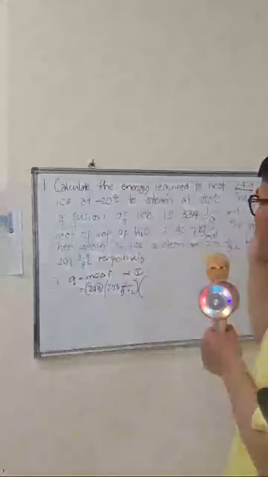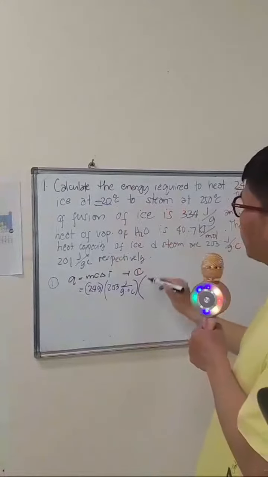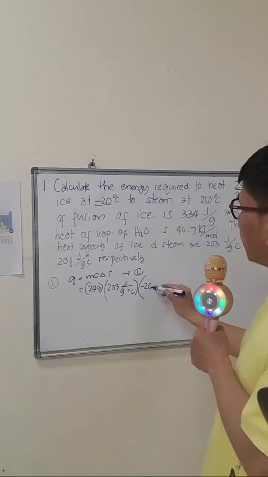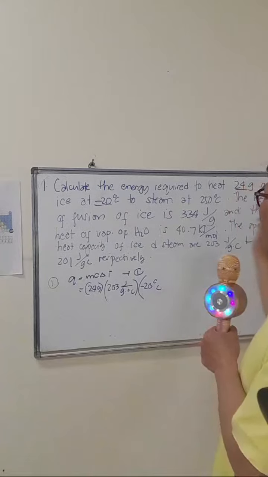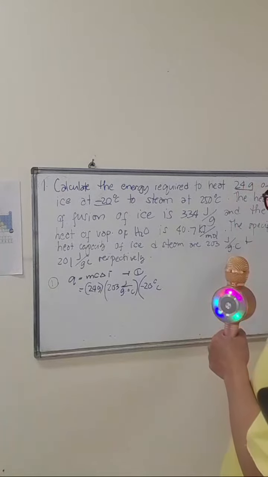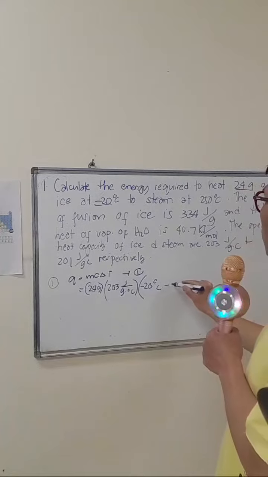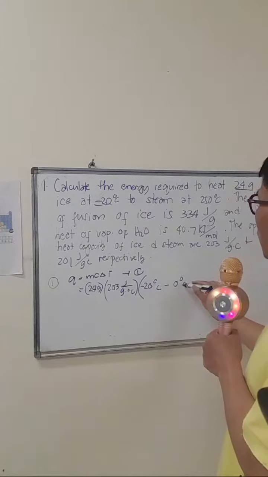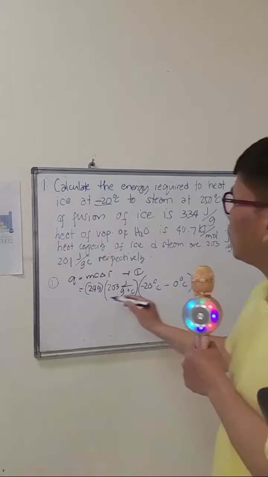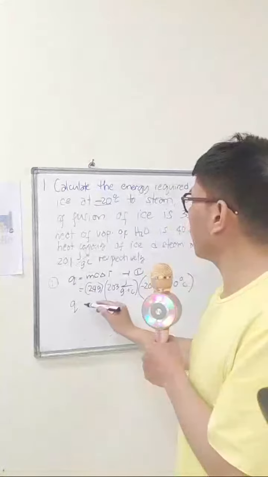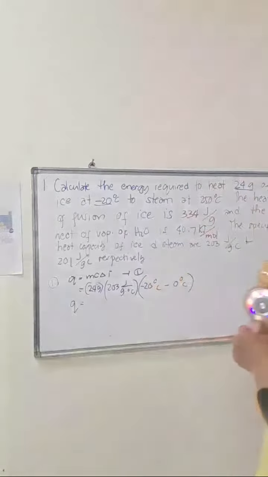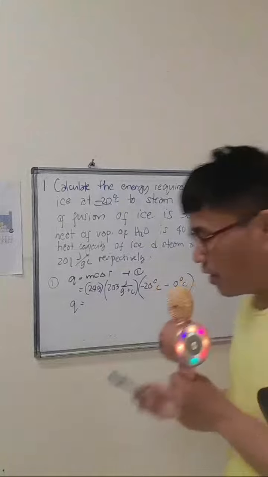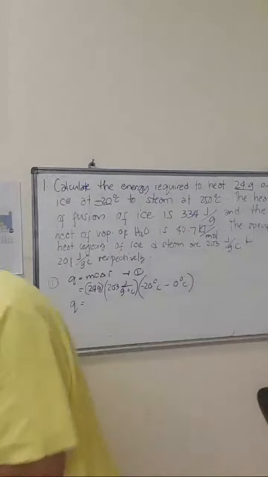The final temperature is negative 20 degrees Celsius, and the initial will be 0 degrees Celsius. This is our Q. How much is this? Calculator, please.